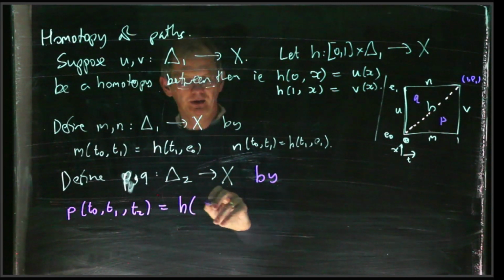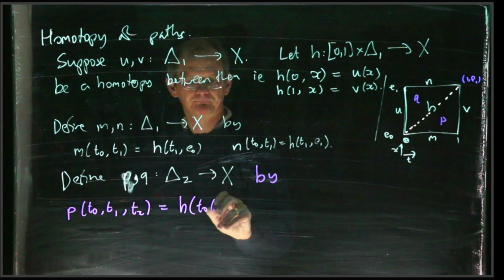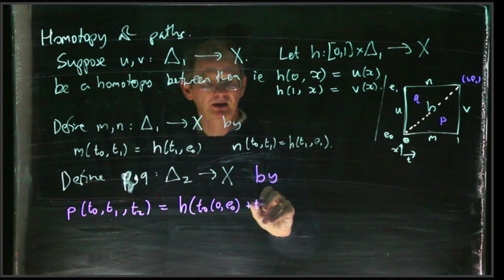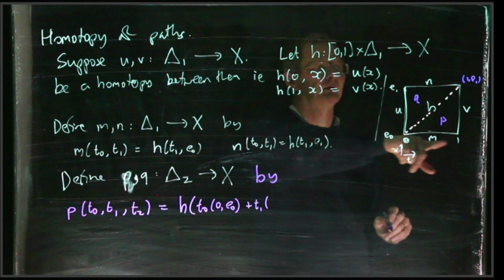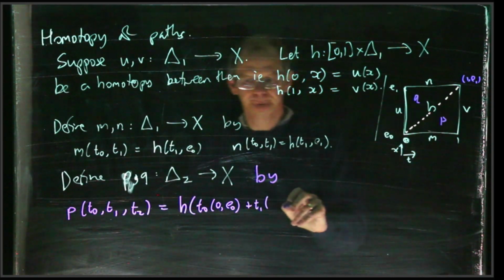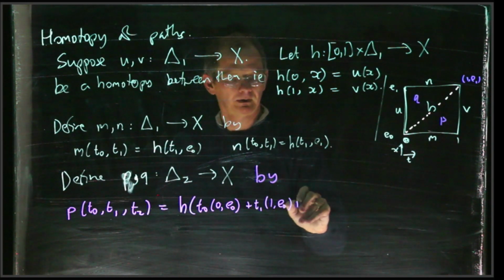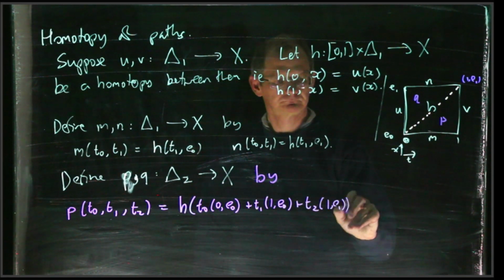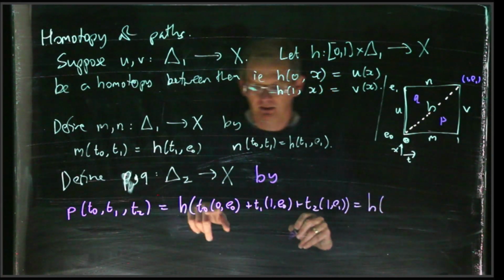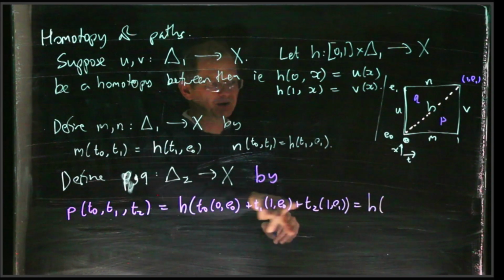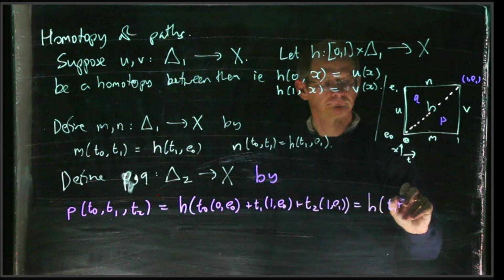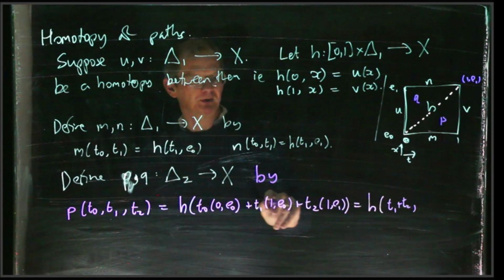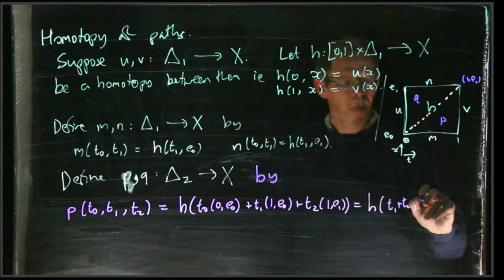So what we've got is t0 times the bottom left corner, which is (0, e0), plus t1 times this one over here, which is (1, e0), plus t2 times (1, e1). So in the first corner you've got your t0, and in the second corner you've got t0 plus t1, and t2.